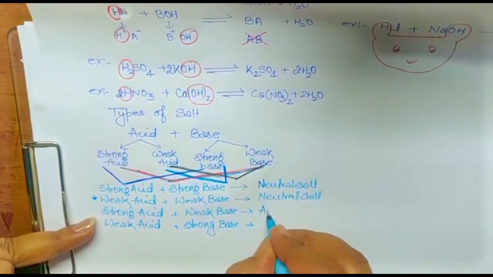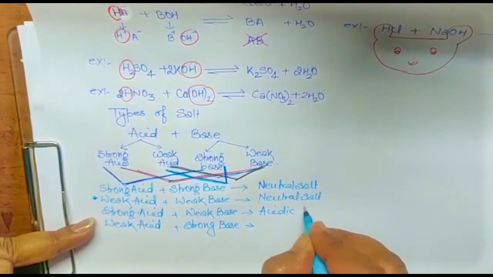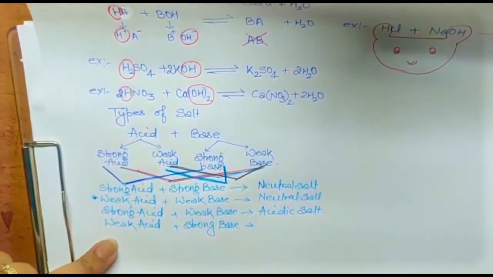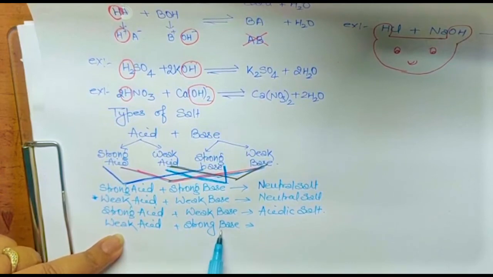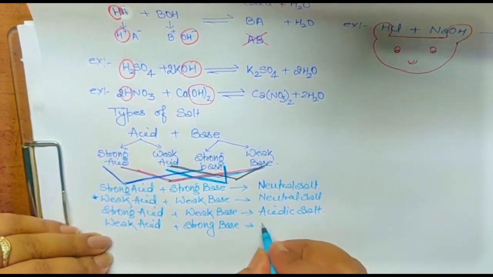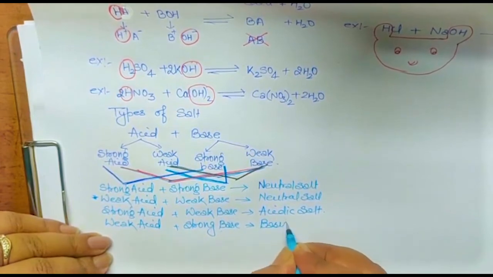So that salt will be called acidic salt. Okay, clear? Yes. Now similarly in this case, this one is the wrestler type and this one is very halka falka sa patla sa. So what will happen? This will win. That base will win, isn't it? So if base will win, that means जो salt बनेगा उसमें base का part थोड़ा रहेगा, remain रहेगा. So that will be called basic salt.